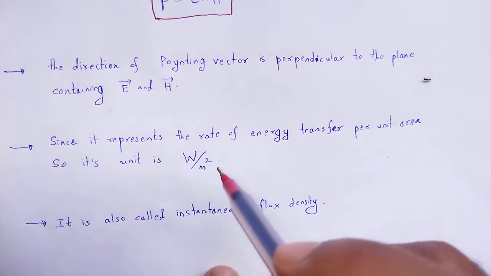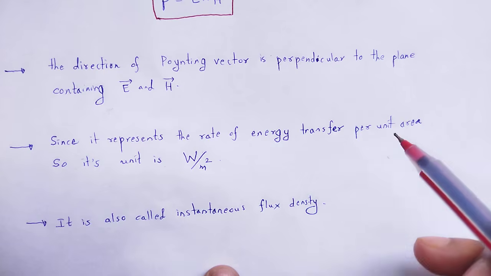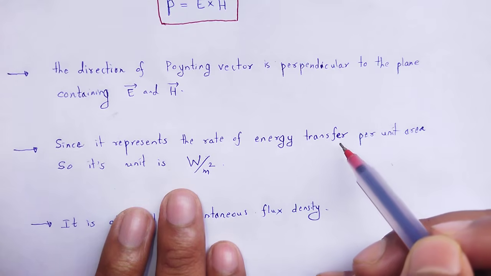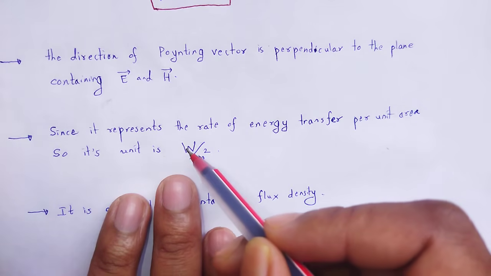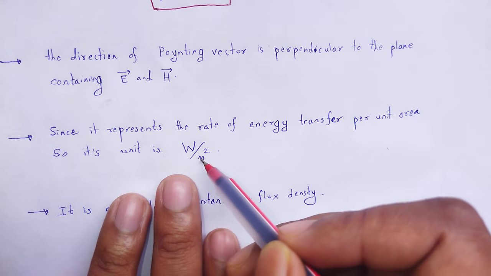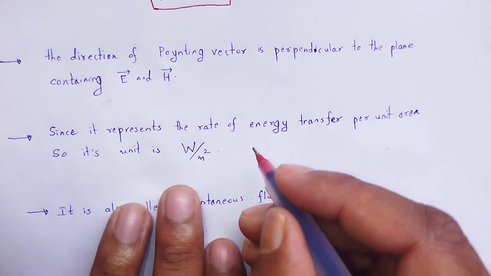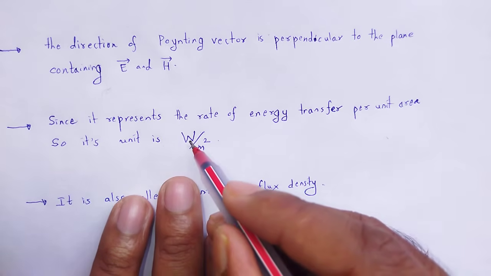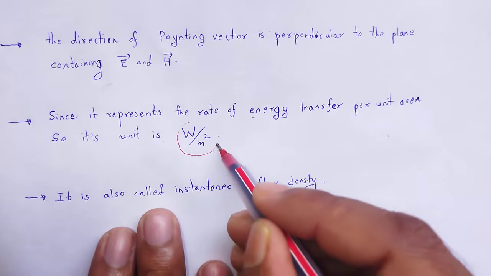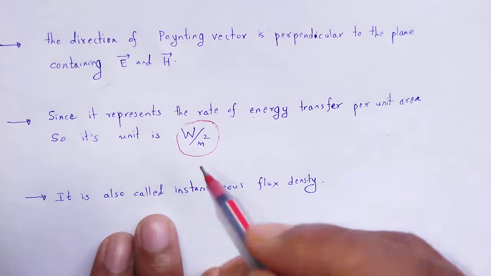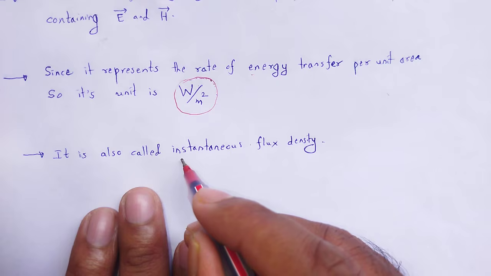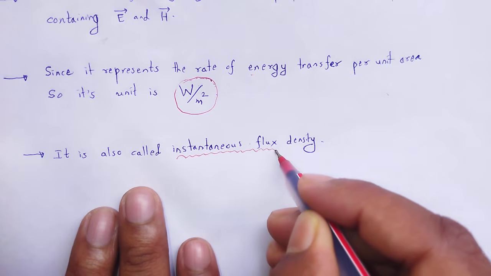Since Poynting vector represents the rate of energy transfer per unit area, the unit of Poynting vector is energy per unit time per unit area, that is watt per meter square. Poynting vector is also called instantaneous flux density.